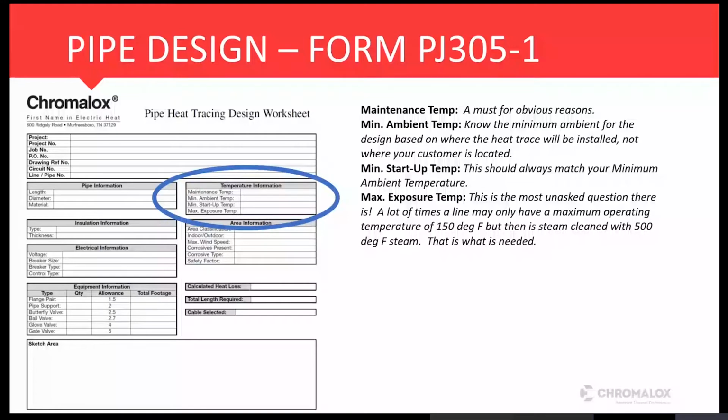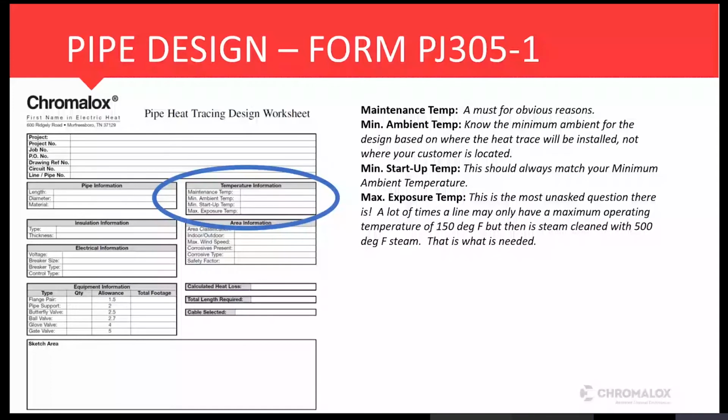Minimum startup temperature. This should always match your minimum ambient temperature. And I get some pushback on this every once in a while. The reason this is there as a question, it's also an option in ChromaTrace, is in an ideal world, if you're maintaining 40 degrees on a pipe, your control should come on at 40 degrees. So you could design your minimum ambient at 40 degrees, your minimum startup temperature at 40.